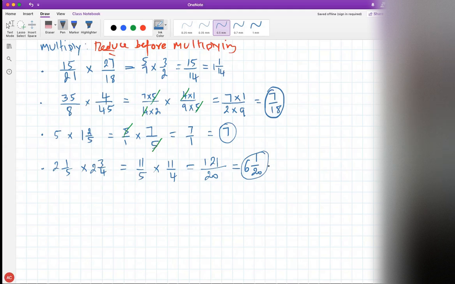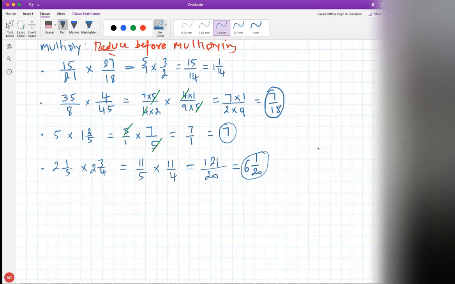Money makes everything easier. So 20 stays in the bottom. The denominator always stays the same when you convert. The 6 comes in the front, since 20 goes into 121 6 times.